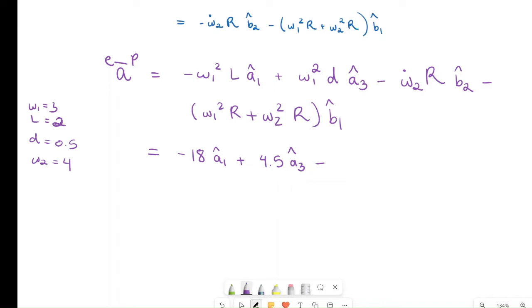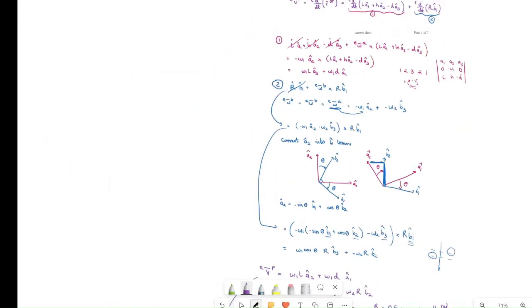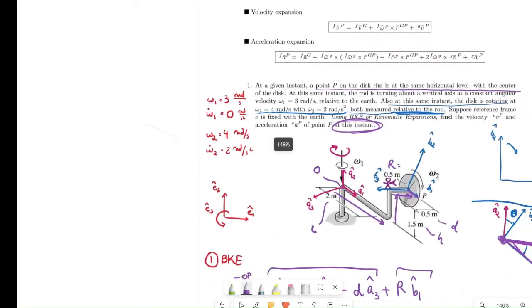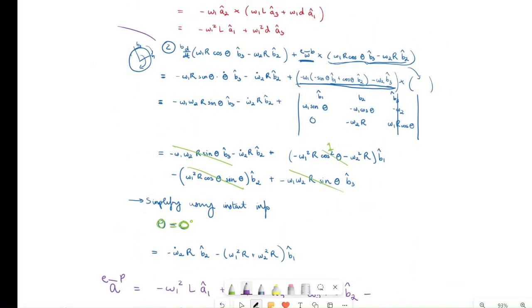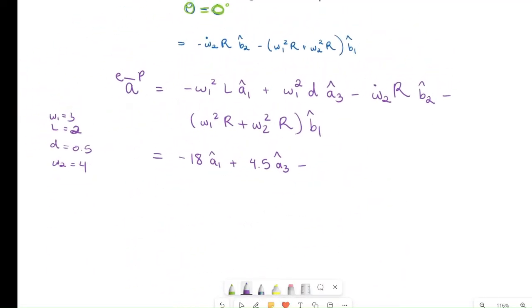And then minus omega 2 dot, I don't remember what that is. So omega 2 dot is 2. So 2 times r, which is 0.5, is just 1 b2 hat. And then minus omega 1 squared plus omega 2 squared times r.